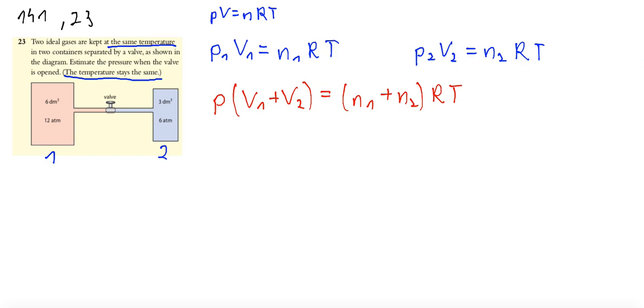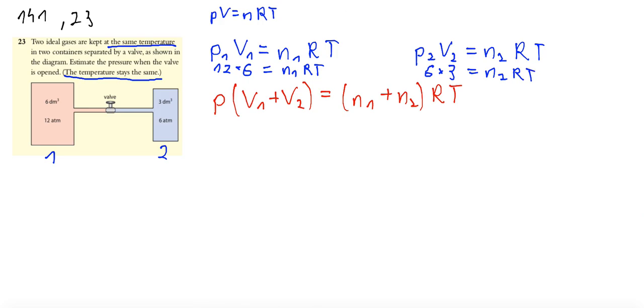Okay, so let's write. In the case of first, we can write something like this. Pressure, which is 12 atmospheres, but we are not interested in the unit. Volume, which is 6, is equal to N1 R times T. In the case of second, we have pressure, which is 6, times volume, which is 3, is equal to N2 R times T. Okay?